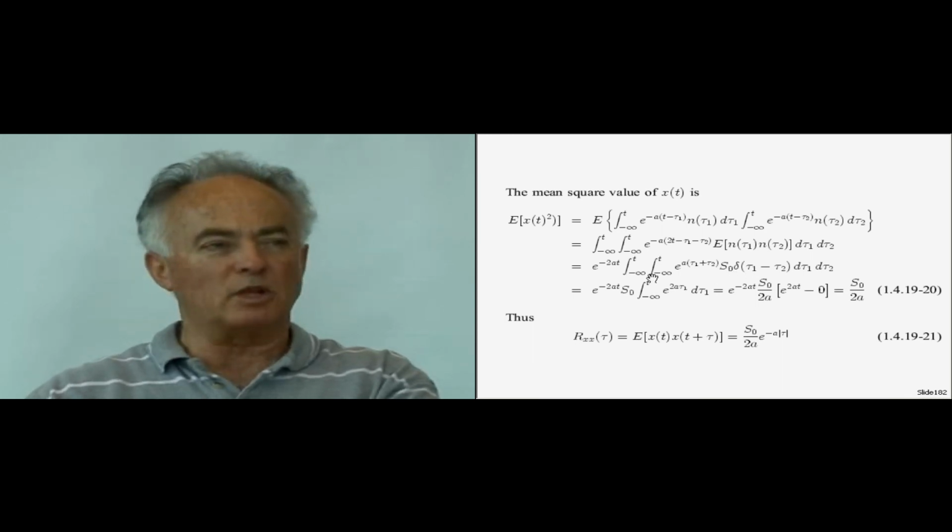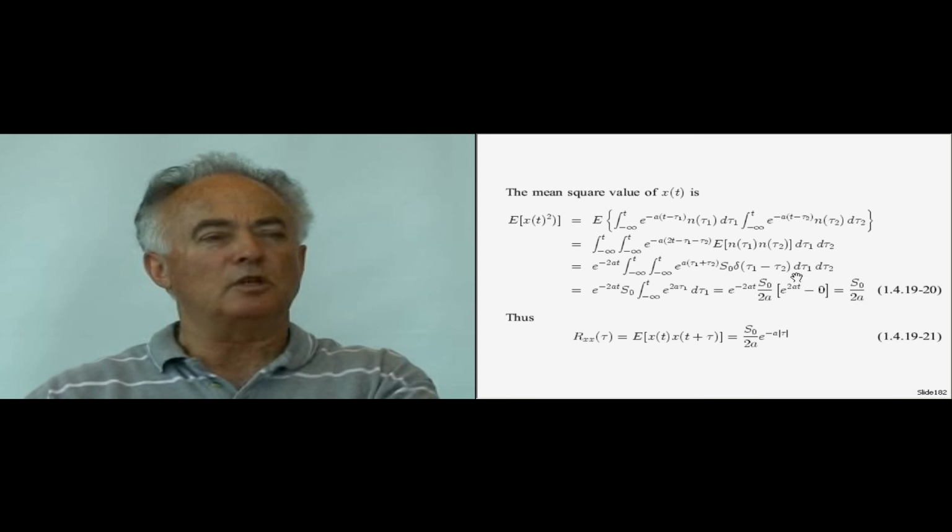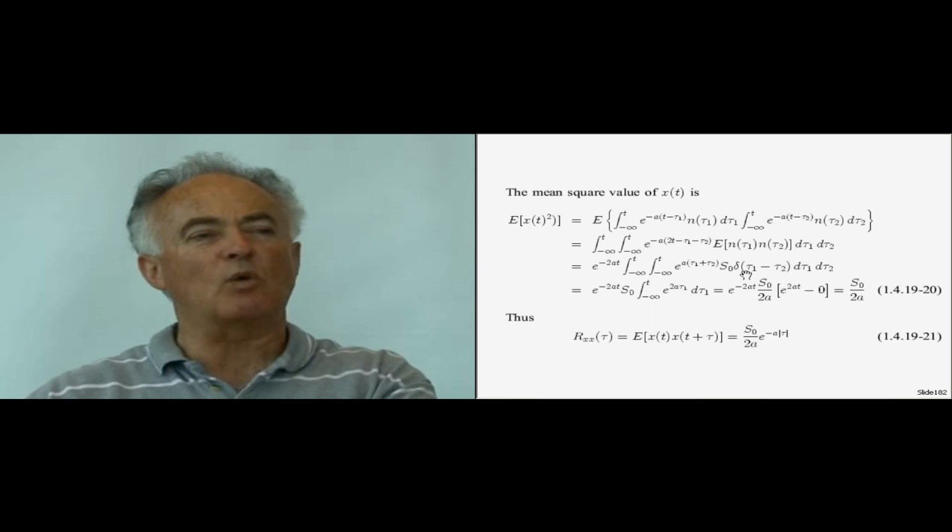So we have a double integral, e to the minus 2at can be pulled out, and the double integral with respect to tau1 and tau2, because of the delta function, becomes a single integral, namely the delta function's sampling property. The integral with respect to tau2 is the value of the rest at tau2 equal to tau1.